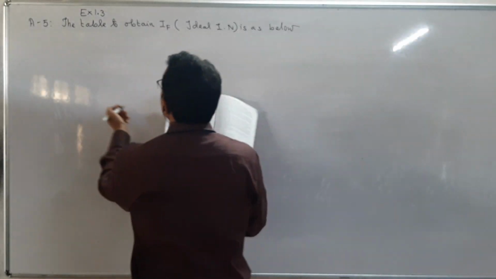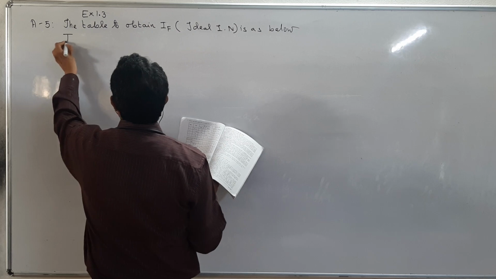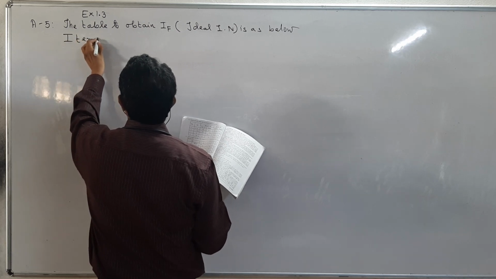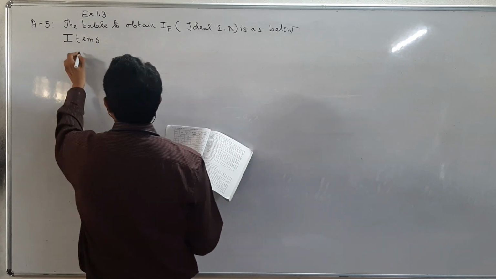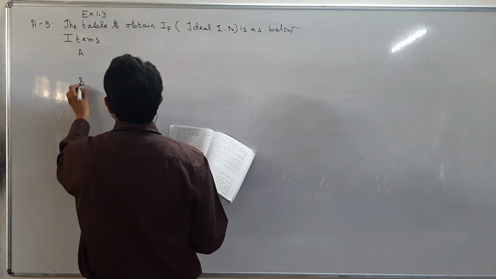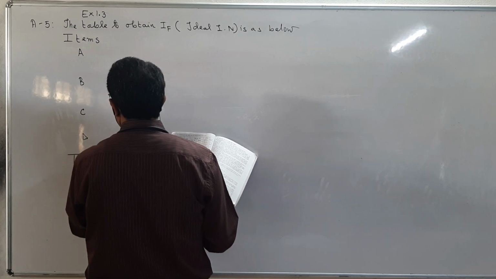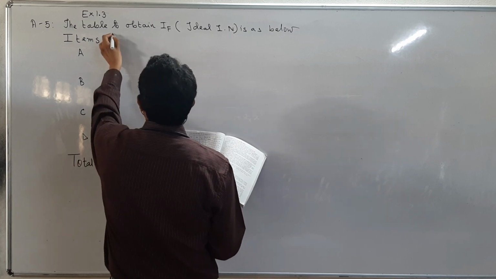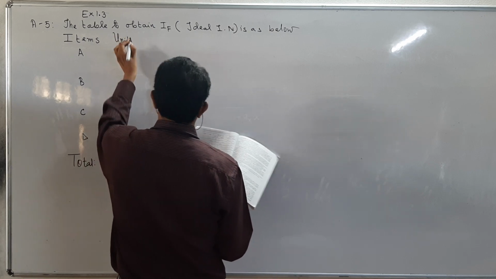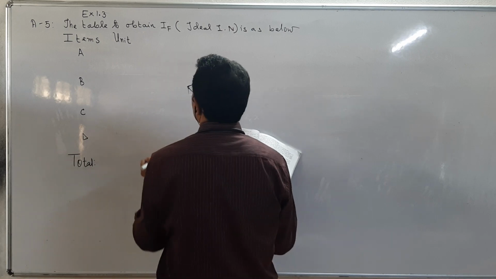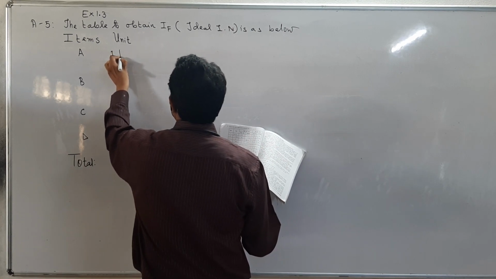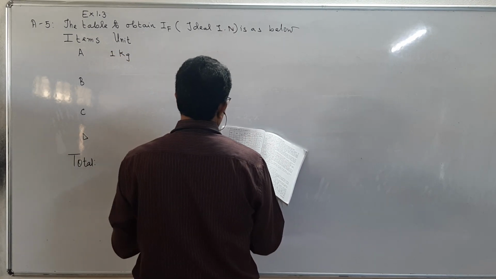Now let us check. The given items are A, B, C and D, and then total. The unit is very important. 20 kg is a multiple of kg, so the smallest unit is 1 kg.